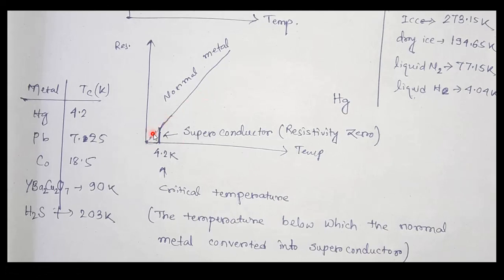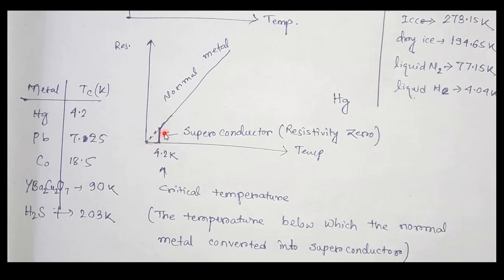After lowering the temperature to a certain value, it does not follow this phenomenon. Up to this temperature, that is 4.2 Kelvin, it follows, but after that it does not follow that path. It shows a sharp change, that is at this temperature the resistivity sharply goes to zero, that means resistivity becomes zero.